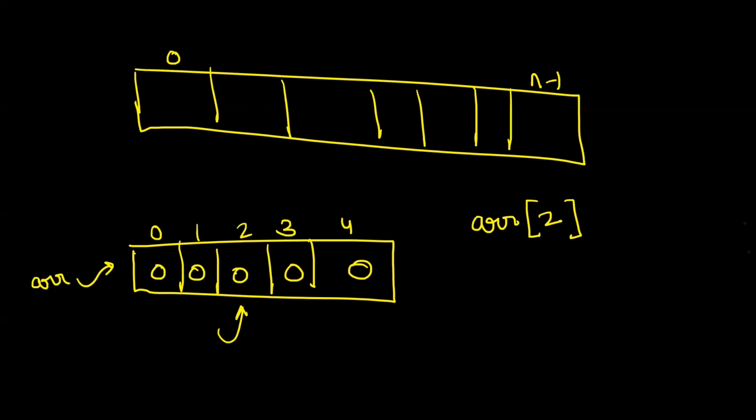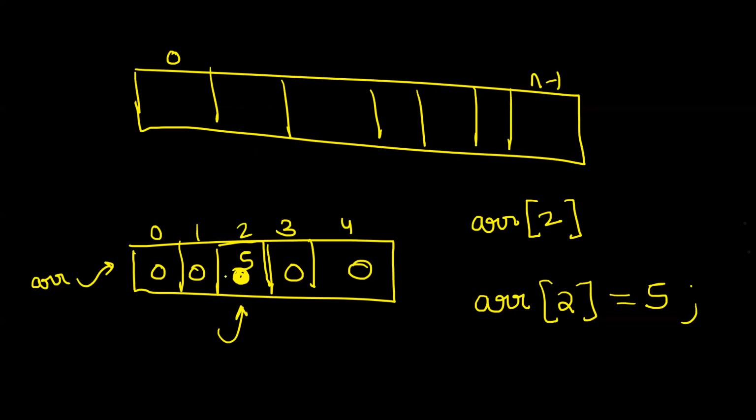But let's say I want to store here the number 5. So I can write a statement like this: ARR of 2 is equal to 5. So this value 5 will be taken and assigned to the location at index 2. So now the cell at index 2 will store the value 5.